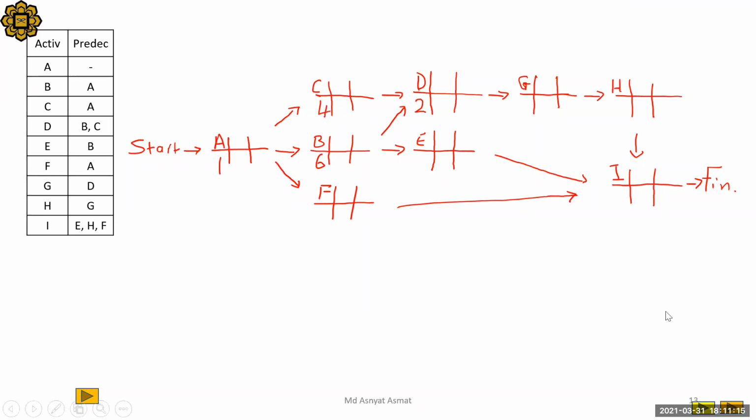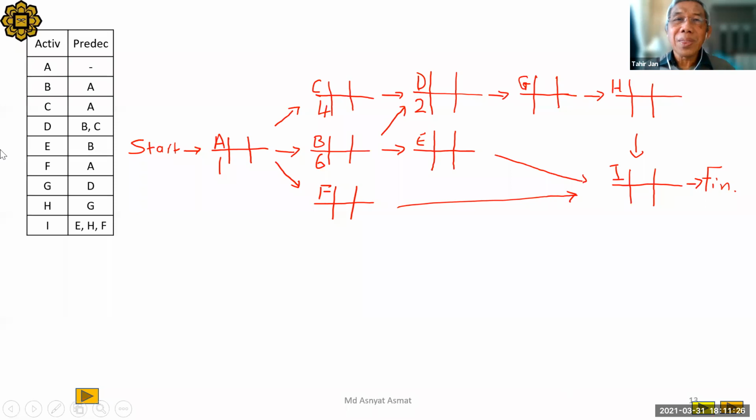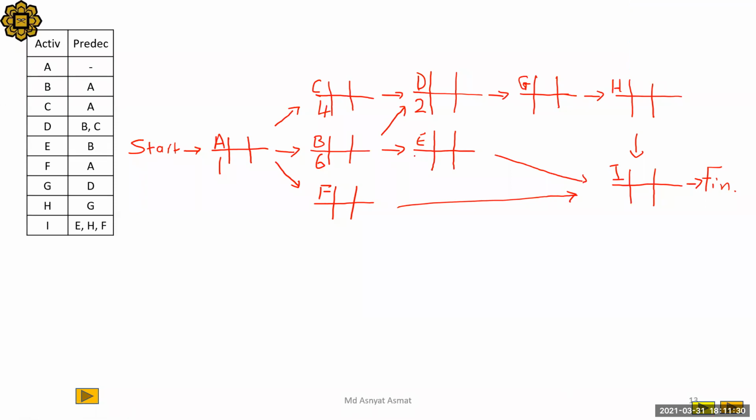Let's look at it again. E is 3, F is 2, G is 2, H is 2, I is 1. Okay.